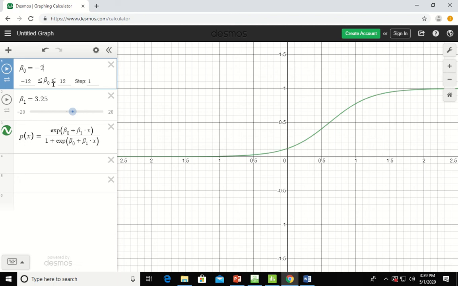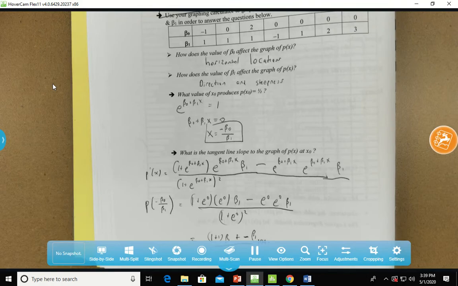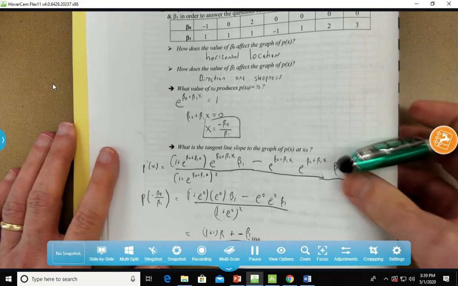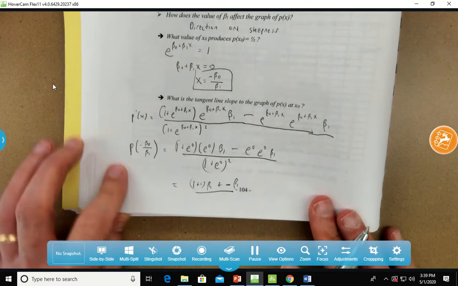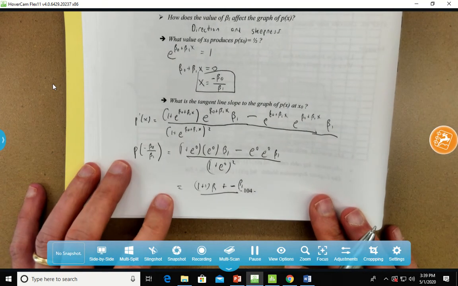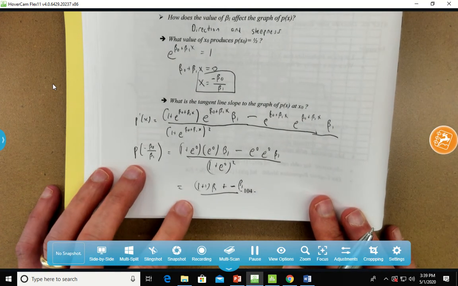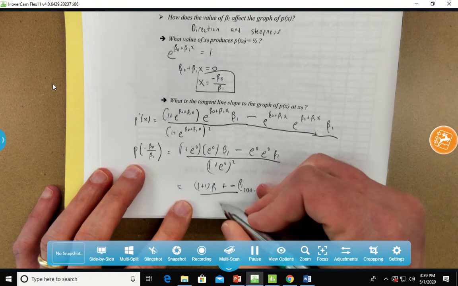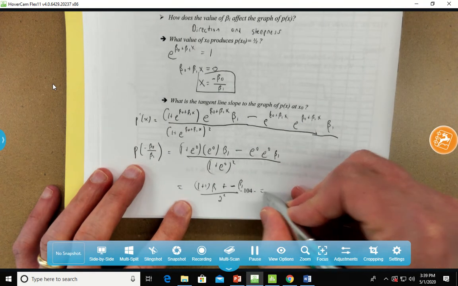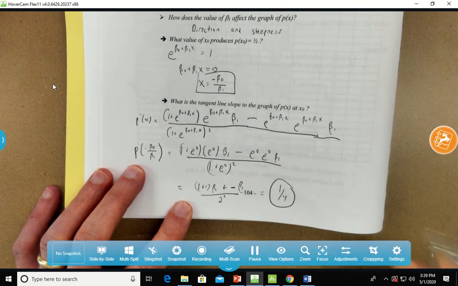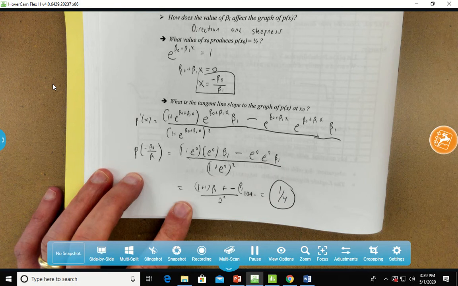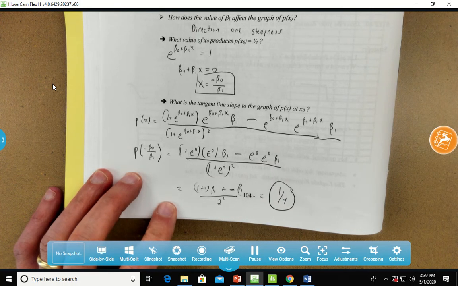Well, that's 1 plus 1 times beta 1, plus negative beta 1, all over 2 squared, or 4, so you end up getting 1/4. So the slope there is always 1/4.